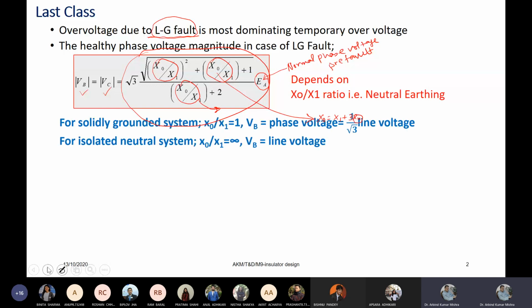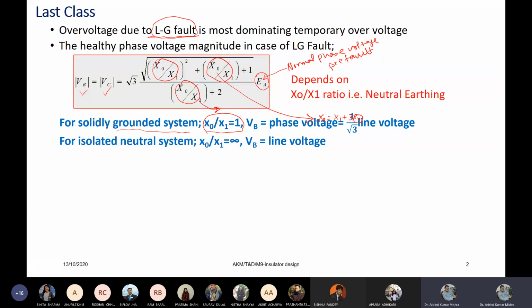is open circuited. So we also discussed that for solidly grounded system, this x naught by x1, as I have just mentioned, since x naught is equal to x1 plus 3xn, solidly grounded means the neutral impedance is 0.